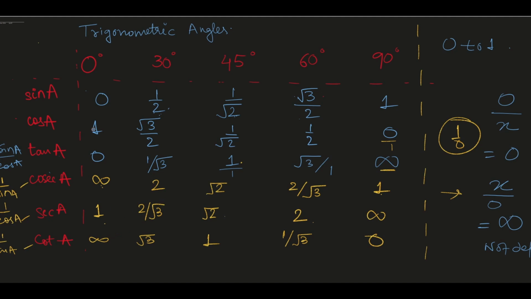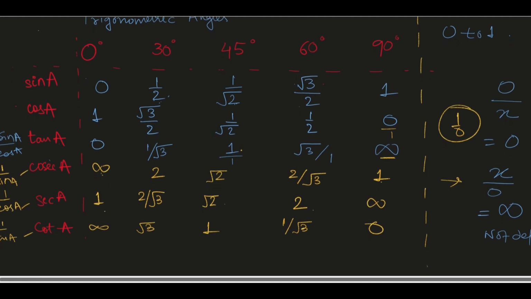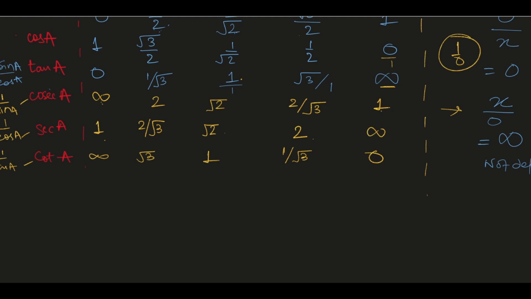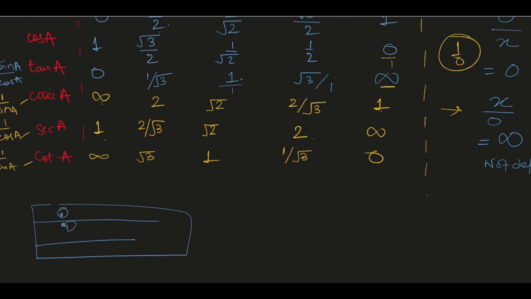So this is all about the chart of trigonometric angles. I always suggest to my students that once your writing time has started, within 1 minute, just write all the trigonometric identities, those three identities, 1, 2, and 3.